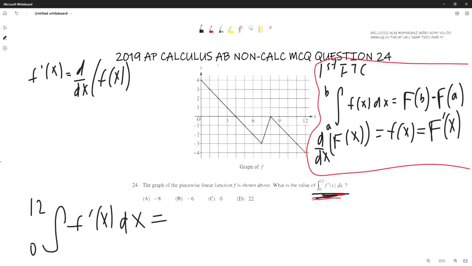We can use the first fundamental theorem of calculus to figure out what this is. Like I said, we are told that little f of x is the derivative of big F of x.